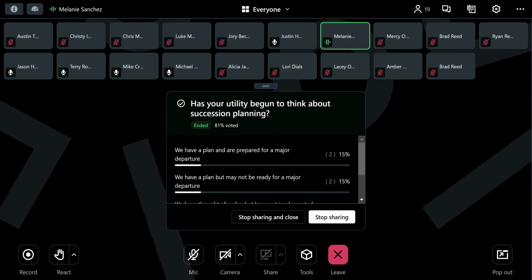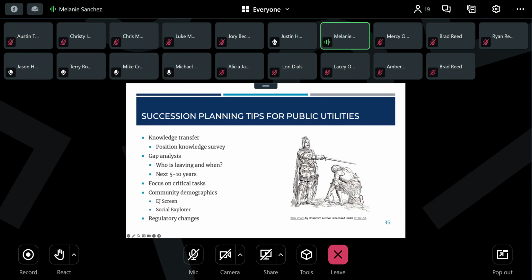So this is kind of the wrap up on workforce development. These are some great succession planning tips for more seamless transitions. And we want to make sure that we're providing our essential services and not losing that continuity. So first thing is knowledge transfer.